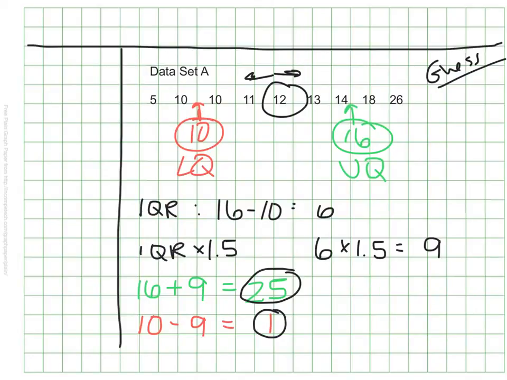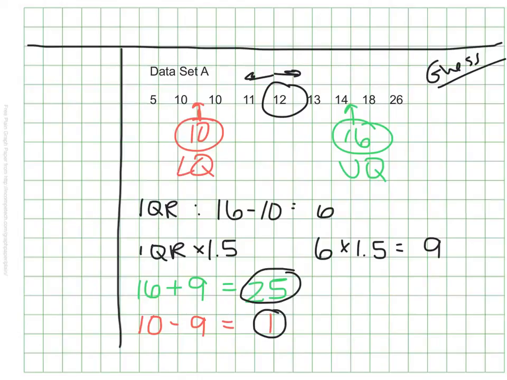So in this data set, if we go back to our top data set, we might have thought that the 5 was going to be an outlier, because it looks a little bit less than everything else. So we might have just assumed that was going to be an outlier, but statistically speaking, it's not, because it is greater than 1, and things had to be less than 1 to be considered an outlier.